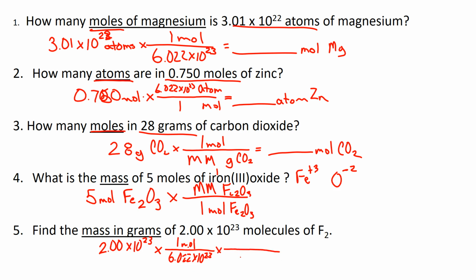And then once I'm in moles, I'm going to multiply by the molar mass of F2. All right. And so that would have gotten us to the point on each one.